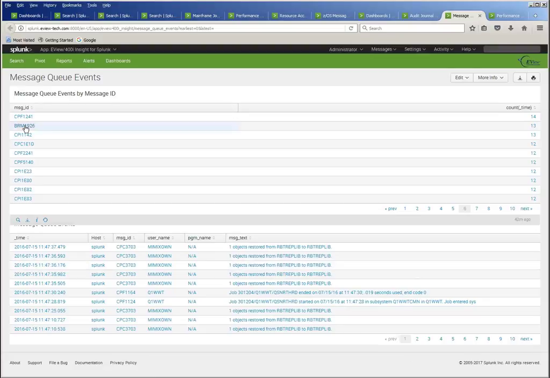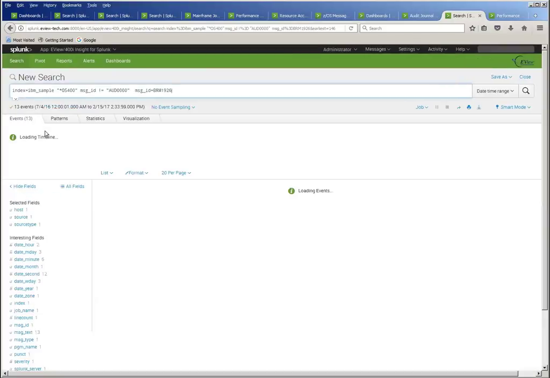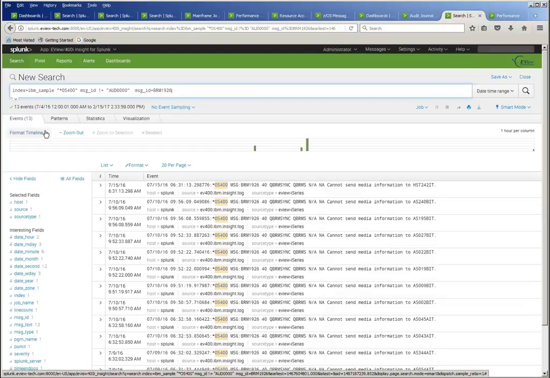So for example, this particular message here is related to backing up of data. And we can see we had quite a few. So this is something that whoever administers the backup system would want to take a look at, where certain types of data are not able to be backed up.